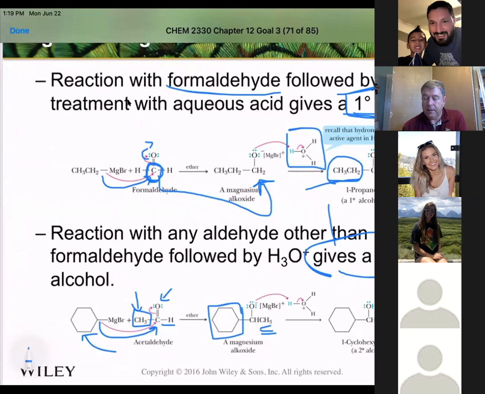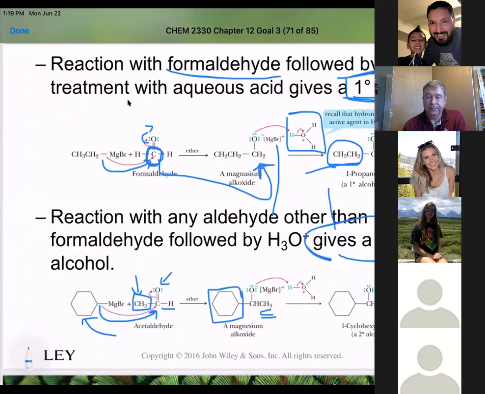So that means that if you react ketones, ketones will give you tertiary alcohols every single time. So formaldehyde gives a primary alcohol, all other aldehydes give you secondary alcohols, and all ketones give you tertiary alcohols. And I'm sorry I cut that slide out.